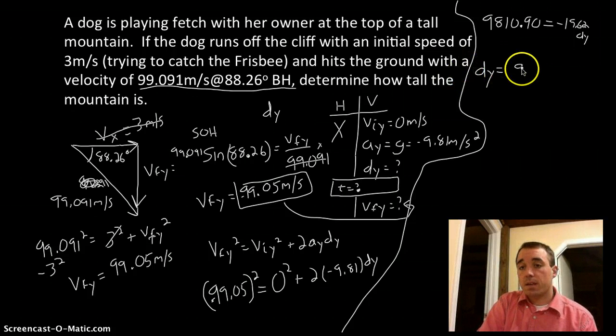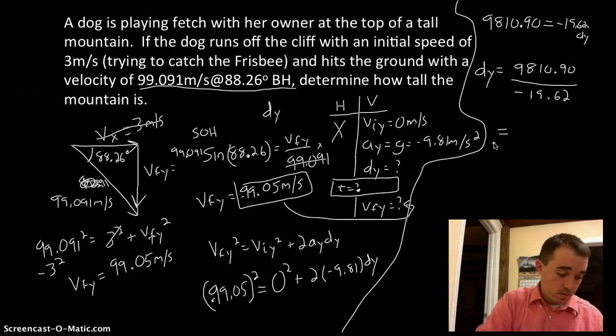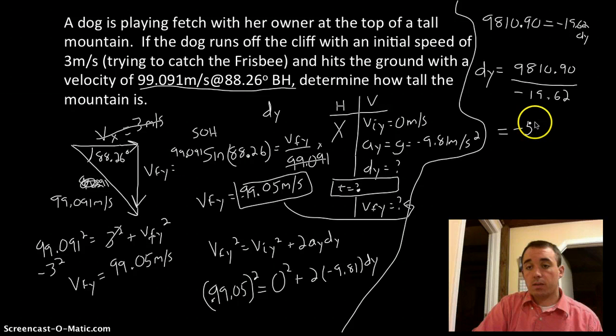My dy is going to be 9810.90 over negative 19.62. When I do that out, 9810.90 divided by negative 19.62, I get the answer of negative 500.04 meters.